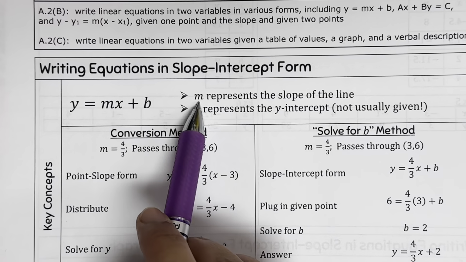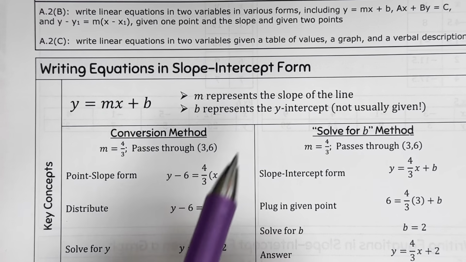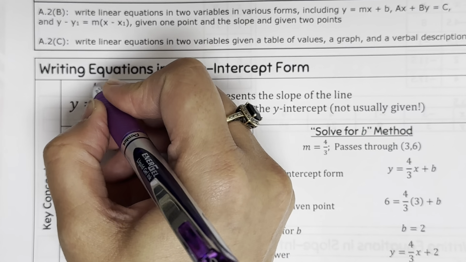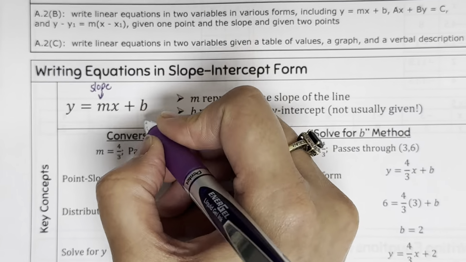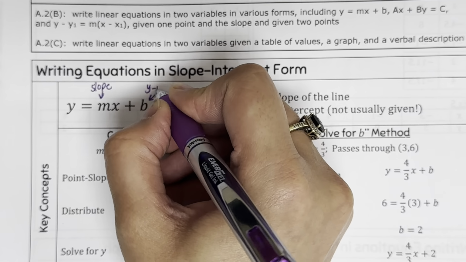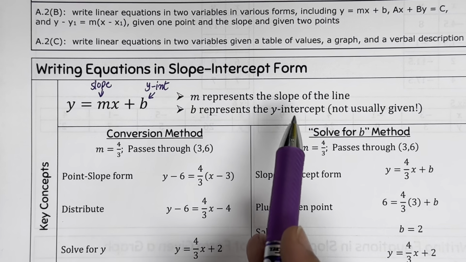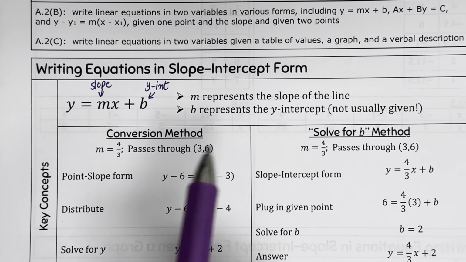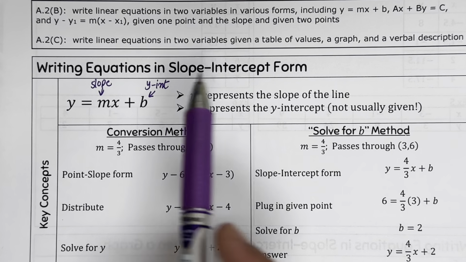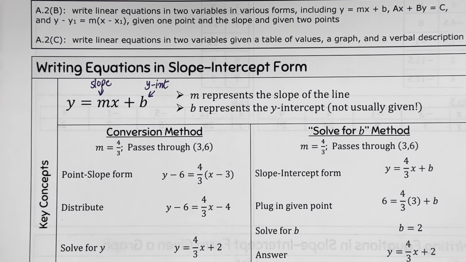Where m represents the slope and b is the y-intercept. That is why it is called slope-intercept form, because it gives me information of two things. Number one, slope, and secondly, y-intercept.